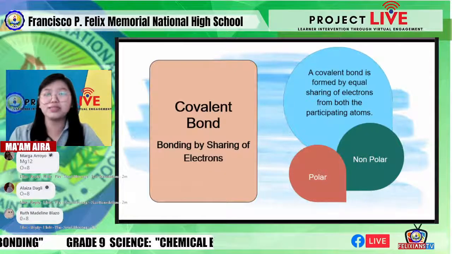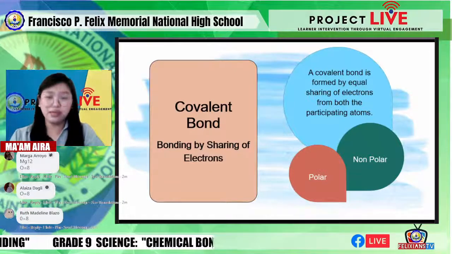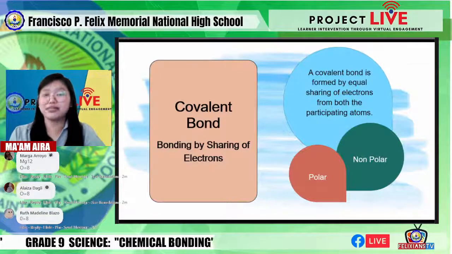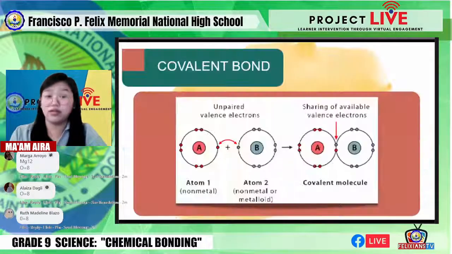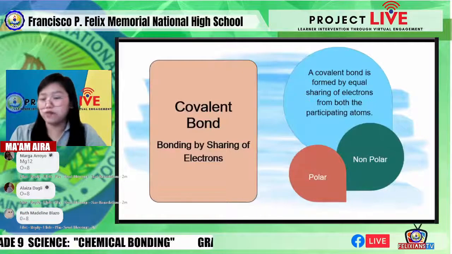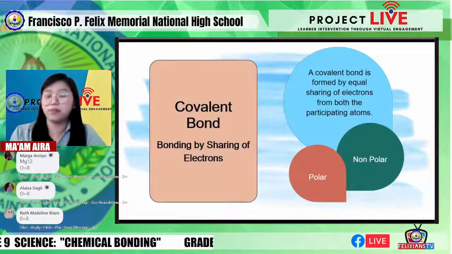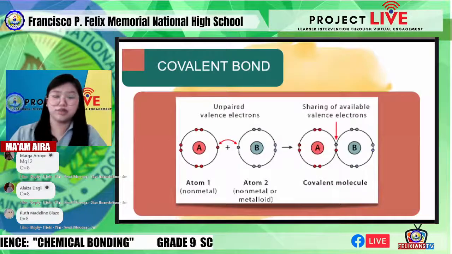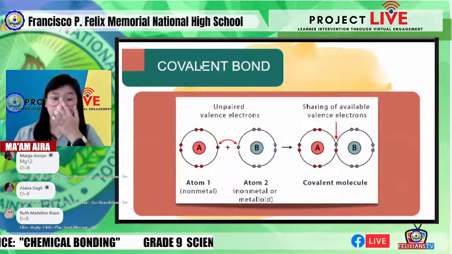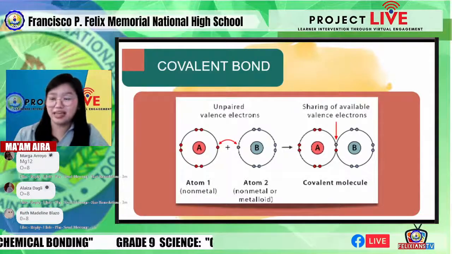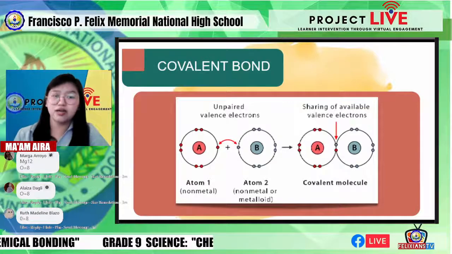So two participating elements would share their electrons for them to become stable. Okay? So we have two types of covalent bonding. We have the polar and the non-polar bond.